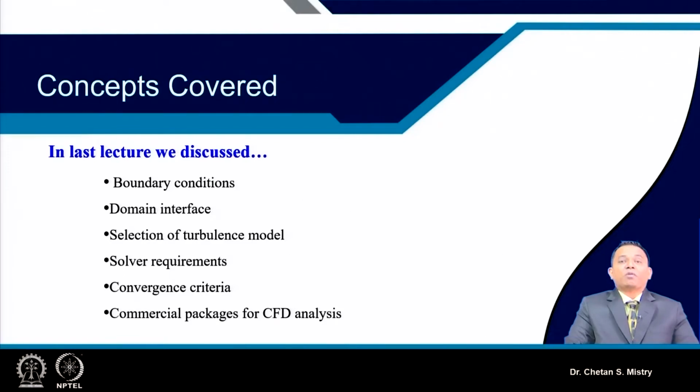Then we were discussing the selection of turbulence model. We discussed the BSL model and the SA model, and we realized that for the initial stage of design, where we will not have flow separation, we can go with those turbulence models. But when we are doing our initial design, we do not have clarity on how exactly the flow will behave on the suction surface and pressure surface, as well as in the tip clearance region.